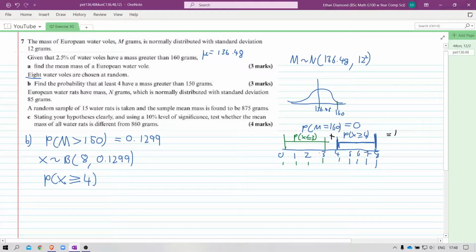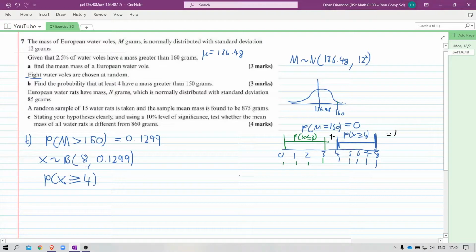Because the probability of getting a 0, a 1, a 2, a 3, a 4, a 5, 6, 7, and 8, in other words, in this context, having your water voles 0 bigger than 150, 1 being bigger than 150, 2 being bigger than 150, it's all the different possible outcomes. And in a probability distribution, it lists all the possible outcomes and they always come out to be equal to 1. Okay, so that's that.